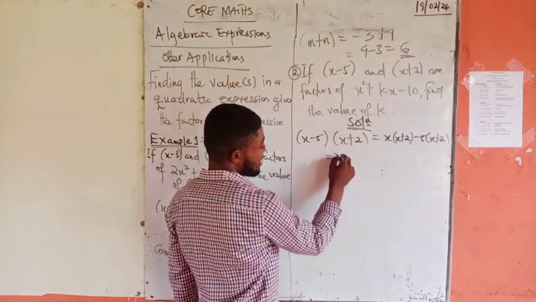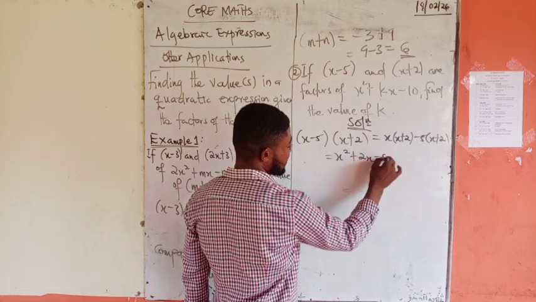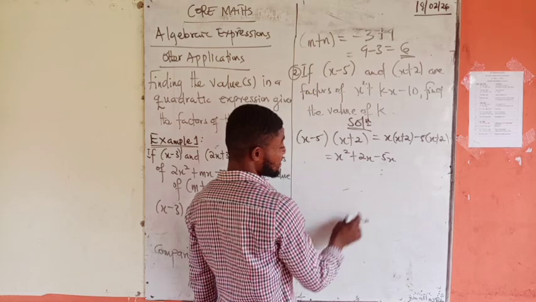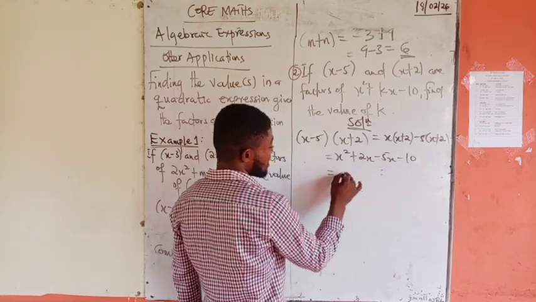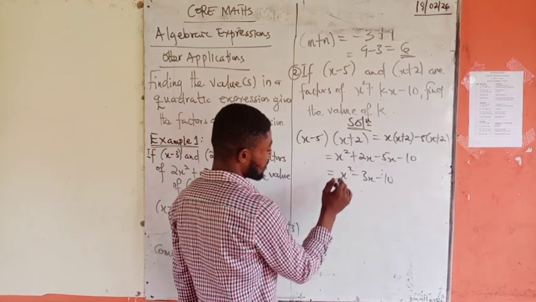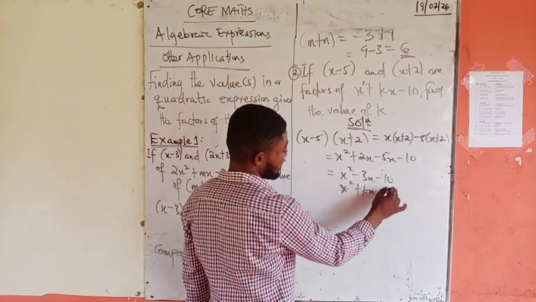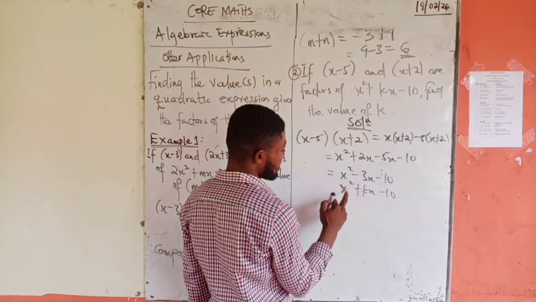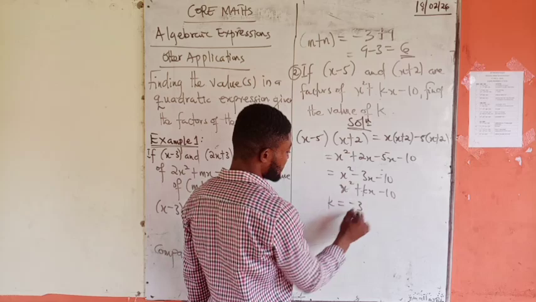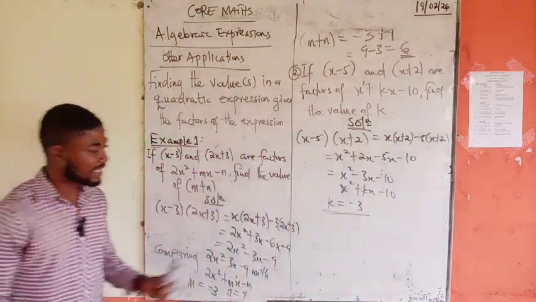X times x, x squared, x times 2, plus 2x, minus 5 times x, minus 5x, minus 5 times 2, minus 10. x squared minus 3x minus 10. Comparing this with x squared plus kx minus 10, k is equal to negative 3. So here we're just asked to find the value of k, which is negative 3.